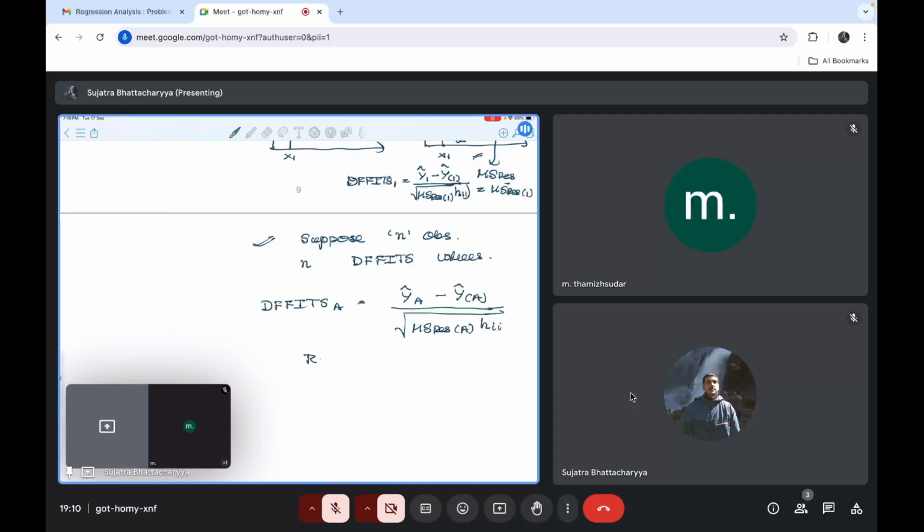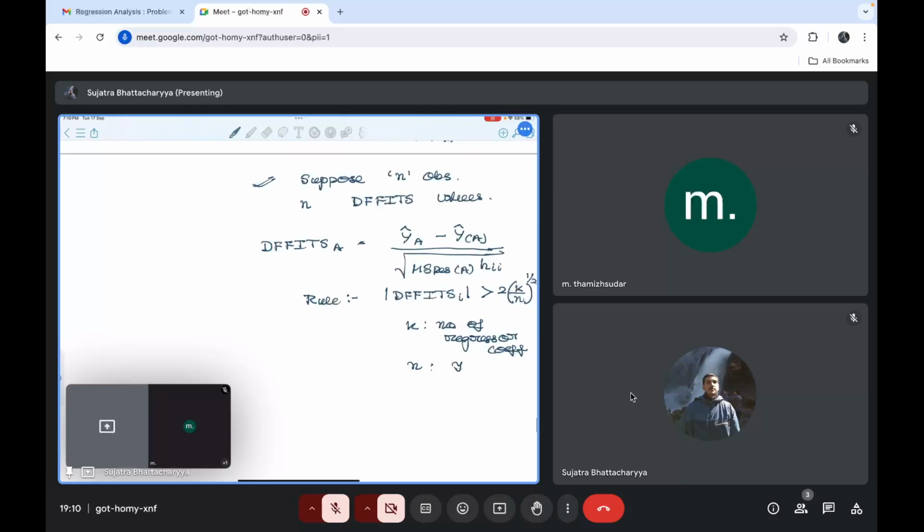You can say that the rule is, this DF fits, I have given a mod here, DF fits i should be greater than 2 times k by n to the power half. Here k is the number of regressor coefficients, and n is the total number of observations. Right? So this is your DF fits.